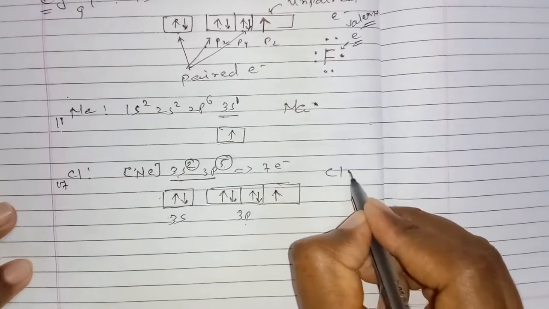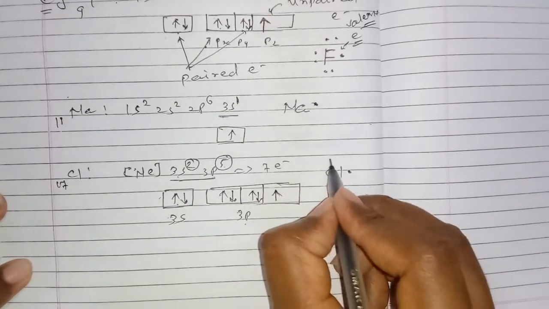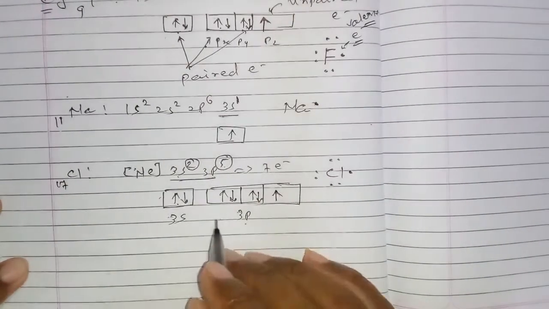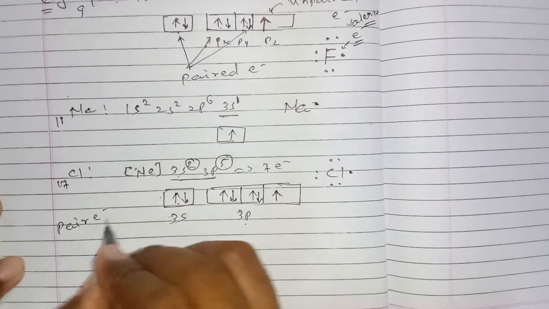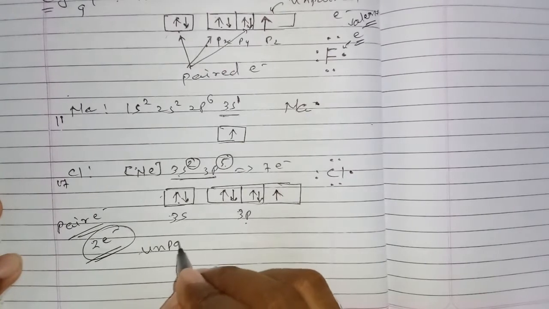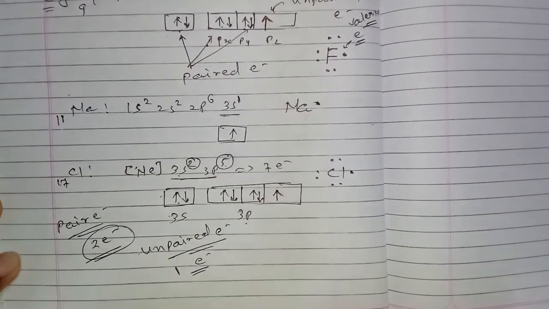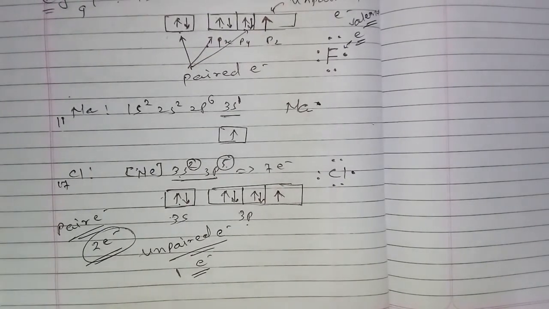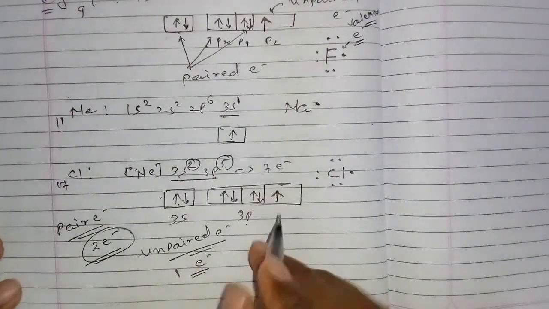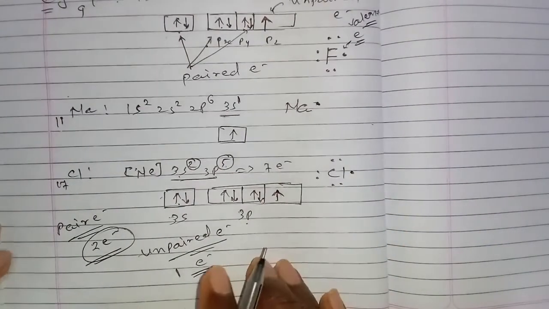Here chlorine has a single electron, and 1, 2 and 3 paired electrons. Okay. Paired electron means there are 2 electrons, and unpaired electron means there is 1 electron or single electron in the outermost orbital. This is the symbolic representation, which is named the Lewis symbol.